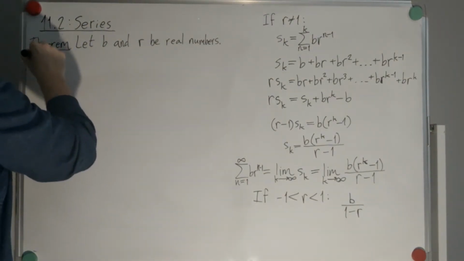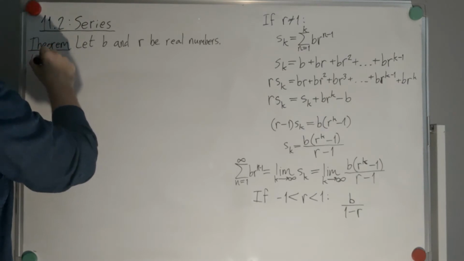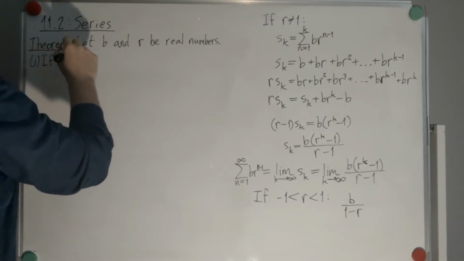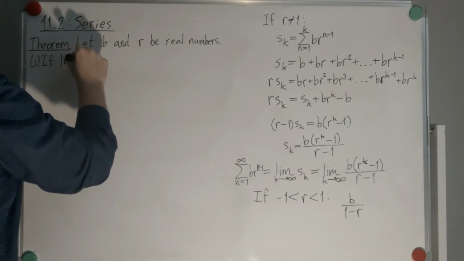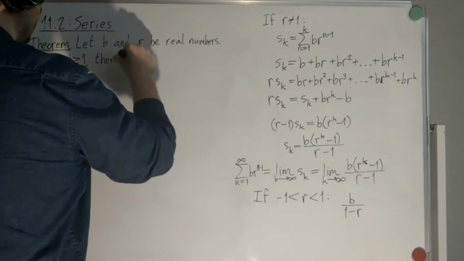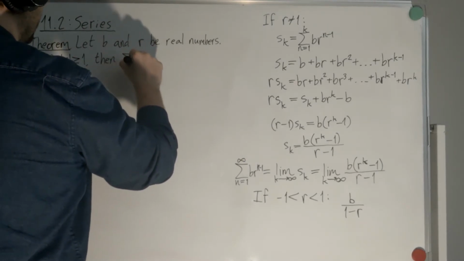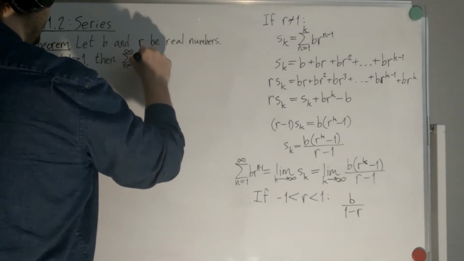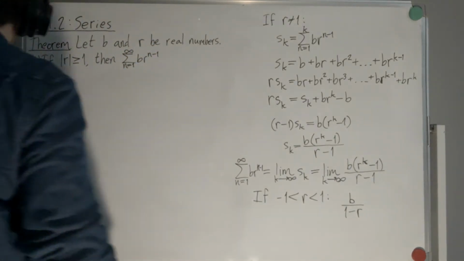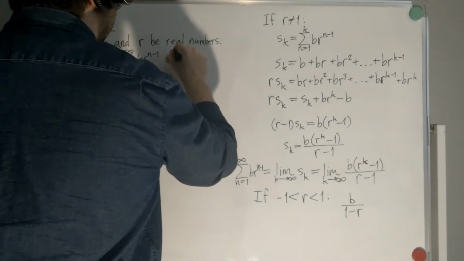First of all, if the absolute value of r is greater than or equal to 1, then the sum from n equals 1 to infinity of br to the n minus 1, the geometric series, diverges.